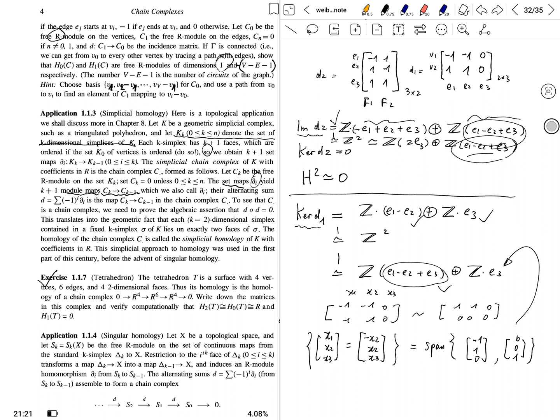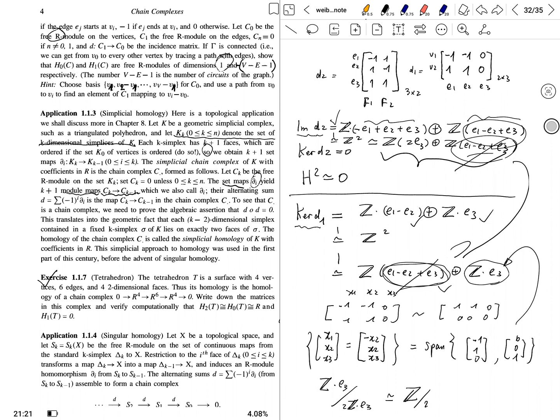So the kernel of D1, by changing basis, you could write as the integer span of E3 and the integer span of E1 minus E2 plus E3, and so basically you compare this inclusion into this, and obviously the quotient should be the Z E3 quotient by 2Z E3, isomorphic to Z modulo 2.